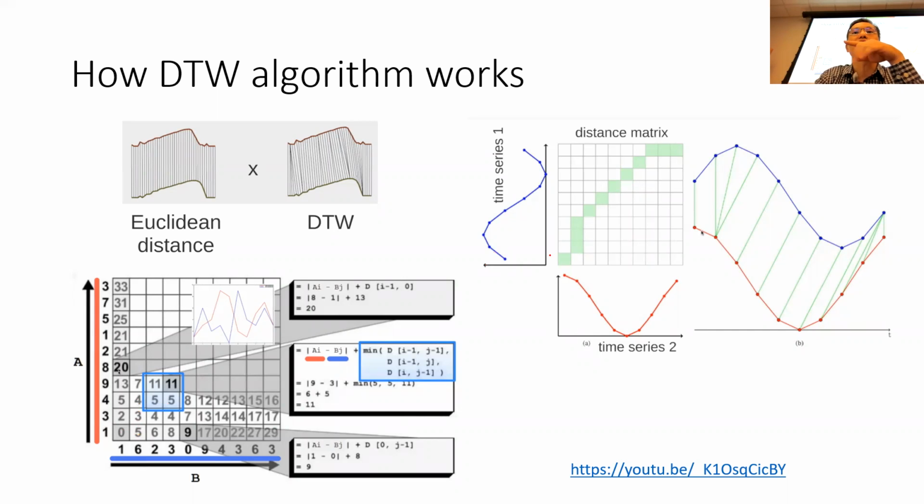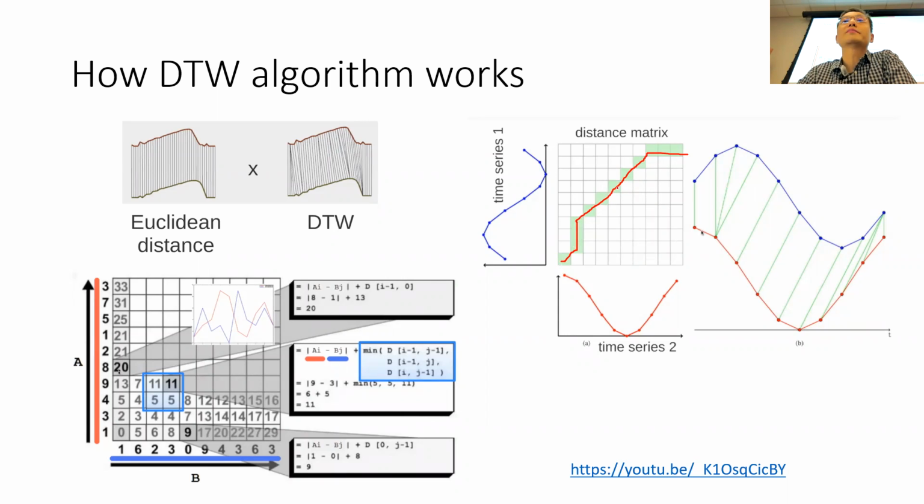So that's the solution. For example, you move from here and then jump to the diagonal, then move up 2 steps, move to the diagonal, and then move to the right 3 steps. Based on the paths selected, the sum of the distance values becomes the smallest you can get.